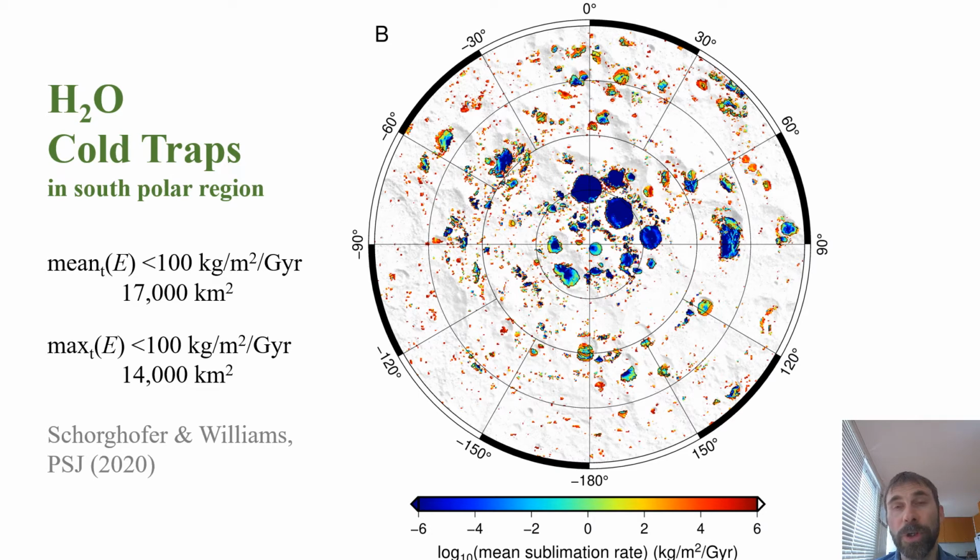So if the threshold was not 100 kilograms per square meter per gigayear, but 10 or 1,000, it makes less of a difference than changing methodology. So the methodology is important in this sense, even for water ice cold traps.